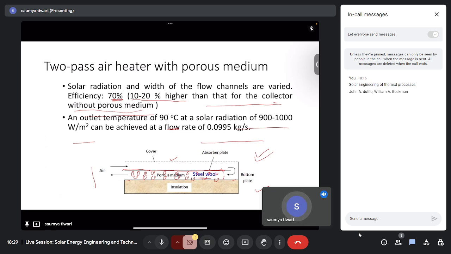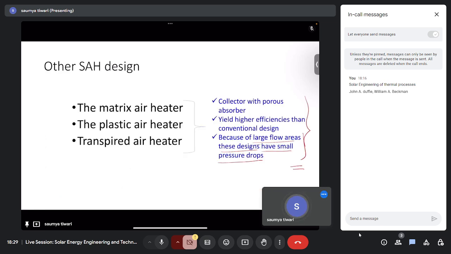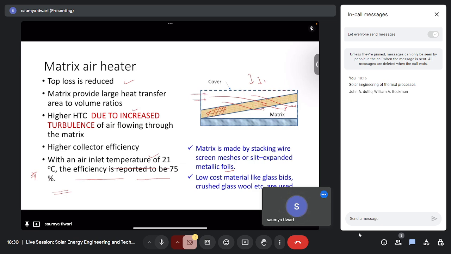Some other designs are matrix and plastic transparent air heaters. I think these are basically using a matrix here. Matrices are made by stacking wire screen meshes, or a slit expanded metallic foil, and these are used to increase the turbulence, so better mixing will be there, uniform temperature will be there, more heat transfer will be there, so thereby the efficiency will also increase, higher collector efficiency will be there.